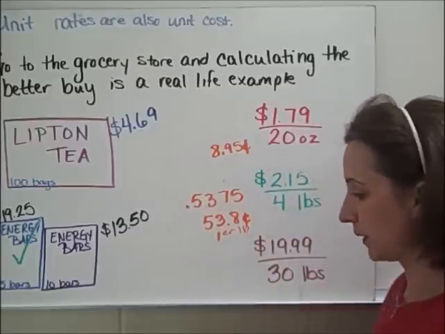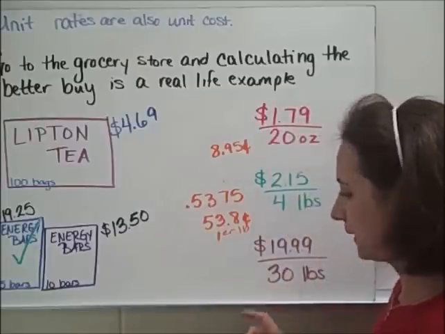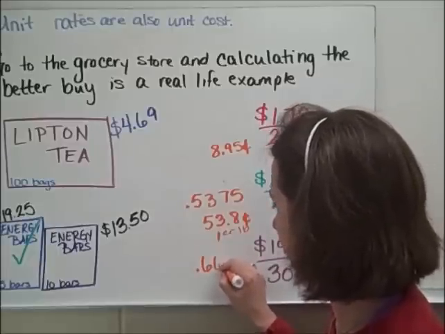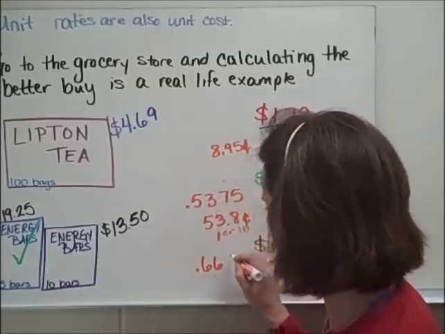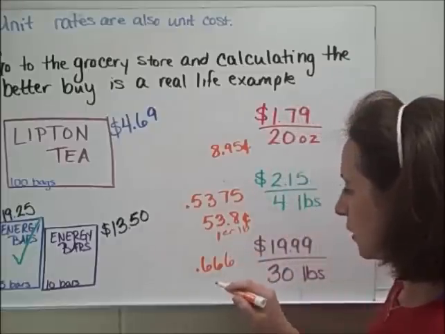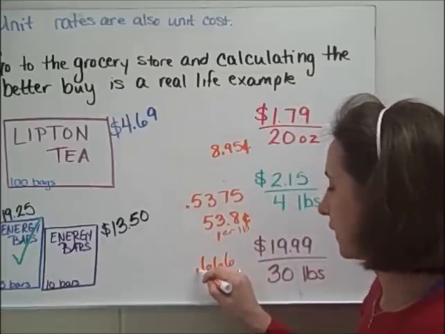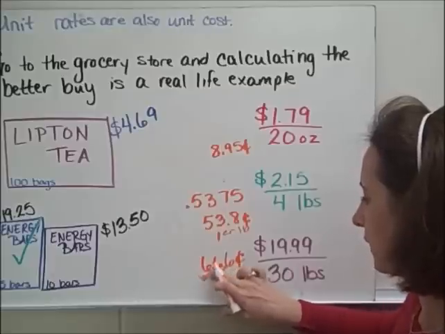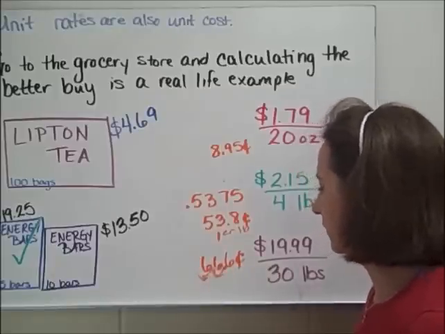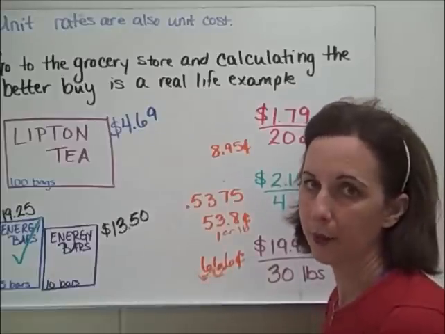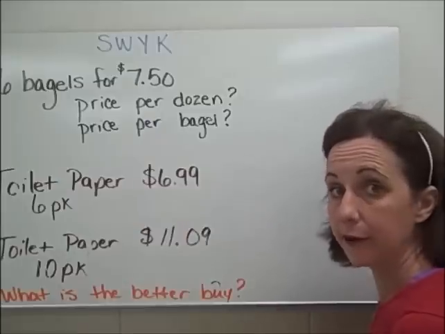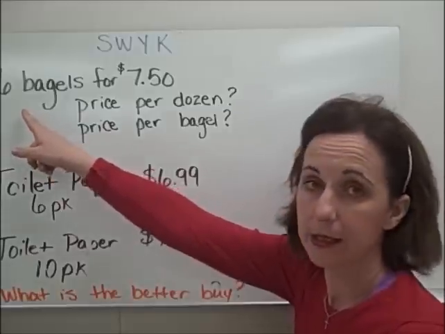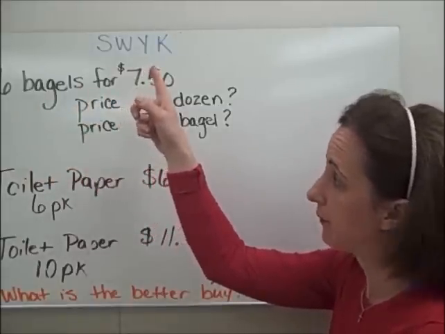And then our last one here, $19.99 for 30 pounds, is this. So we would call this 66.6 cents per pound.